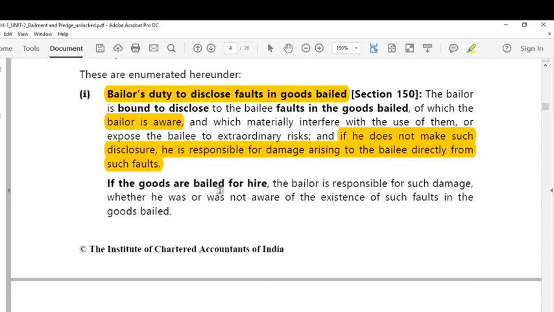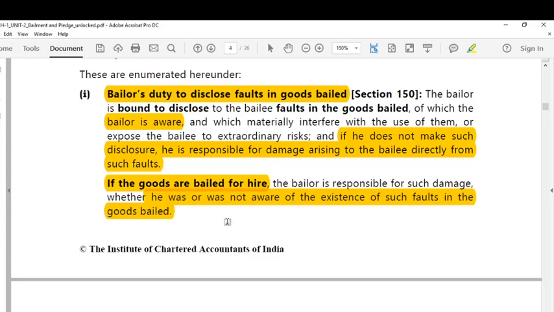If the goods are bailed for hire, say, sometimes goods will be bailed without any charges for the exclusive benefit of the bailee, and if it is a non-gratuitous bailment where both the parties have a benefit, if the goods are bailed for hire, the bailor is responsible for such damage whether he was aware or not of the existence of such faults in the goods.